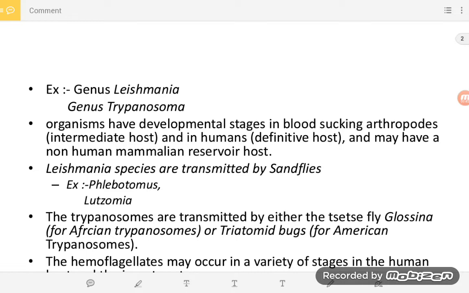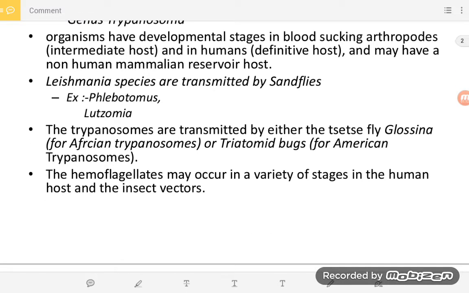Leishmania species are transmitted by sandfly. The common name is sandfly. There are two flies responsible for transmitting Leishmania diseases: one is Phlebotomus species, the other one is Lutzomyia.